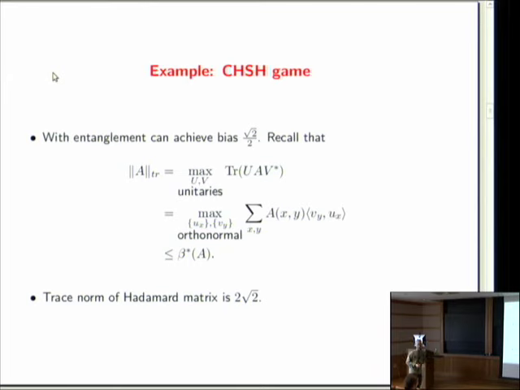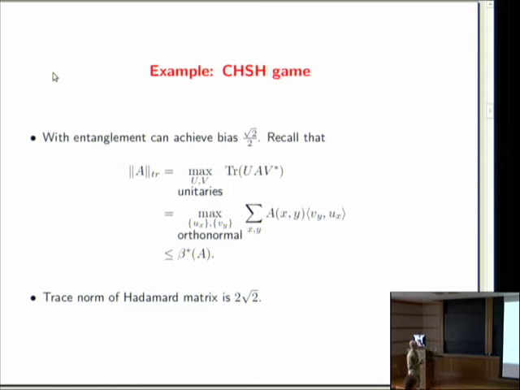Now you can see how with entanglement you can do better. You can actually achieve bias root 2 over 2. I'm going to be using Cyrilson's characterization here, and I just want to design unit vectors ux and vy to do better.